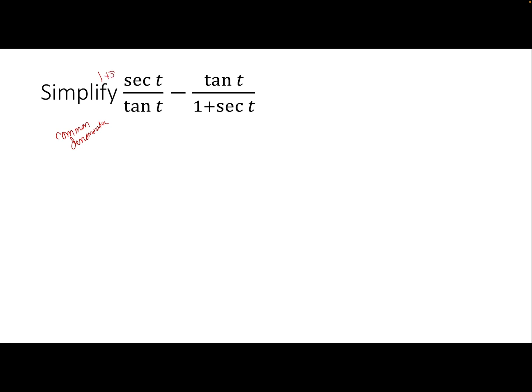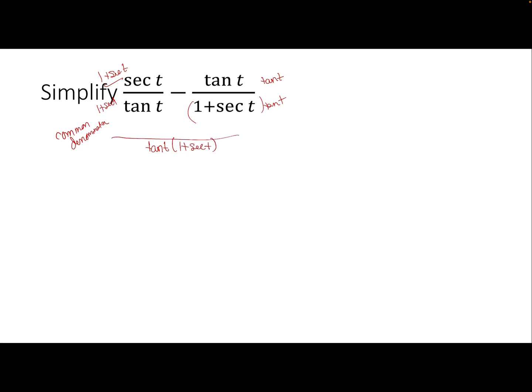So 1 plus the secant of t over 1 plus the secant of t. And we'll multiply the numerator and denominator of our second term by the tangent of t. So our common denominator will be a tangent of t times 1 plus the secant of t.